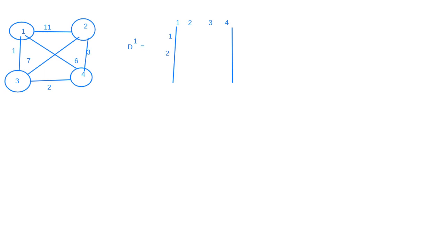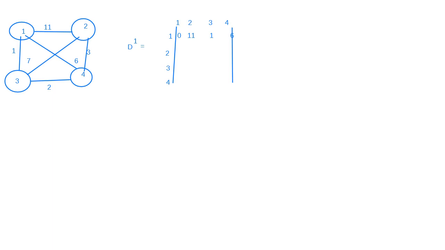After including the vertex 1, what values am I getting? I am getting the values 0, 11, 1 and 6.